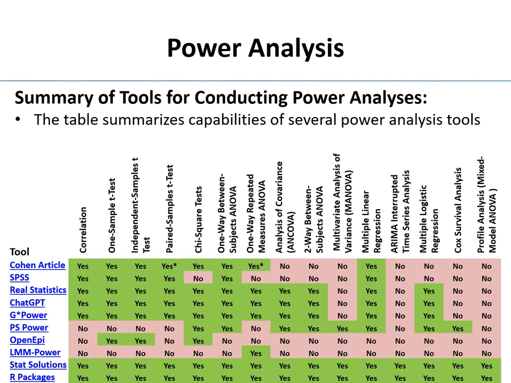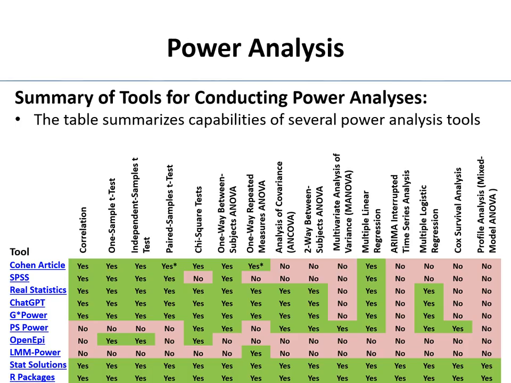R is another statistical programming language. You can see the bottom two can do everything, all the different statistical tests. Whereas LM Power is pretty limited except for one-way ANOVA, and EpiPower also doesn't do many of the analyses, but it can do epidemiological design, so I wanted to include it in the list.